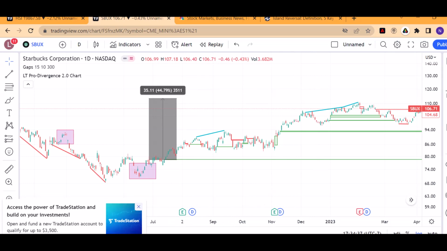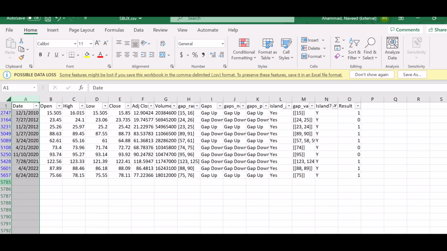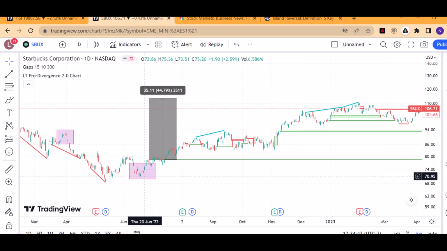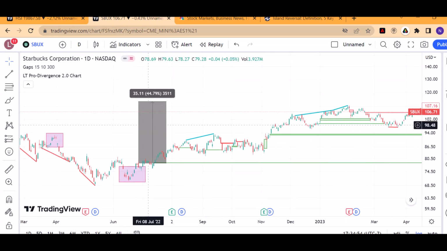Programmatically, I identified this one around June 24th. Once we identify the pattern, you can get a 44% profit.